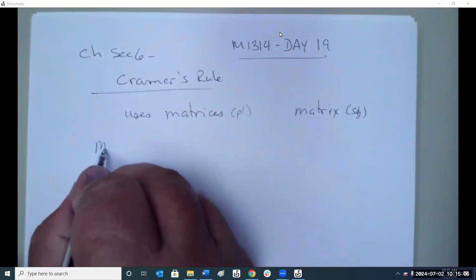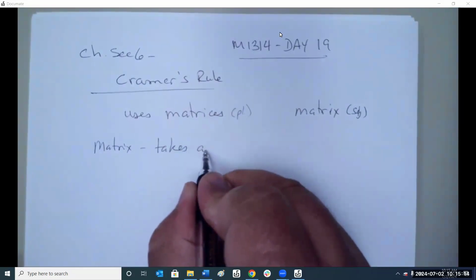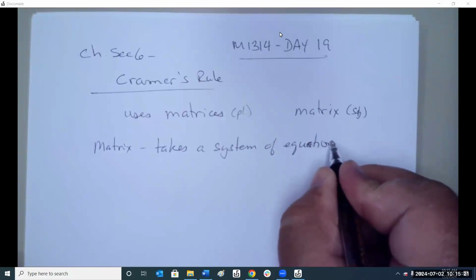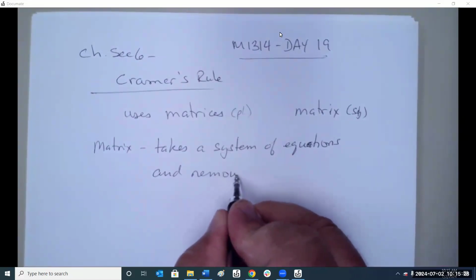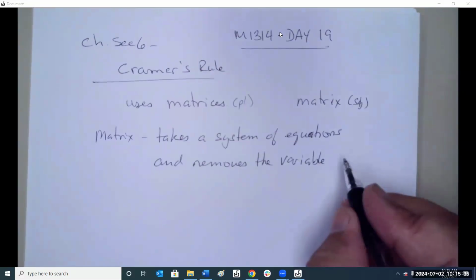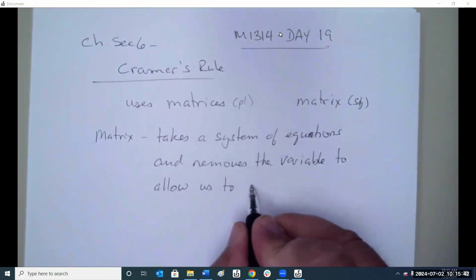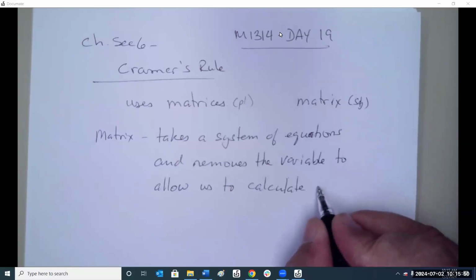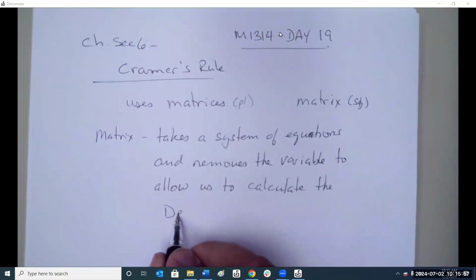What a matrix does is take a system of equations and remove the variables to allow us to calculate the determinant.